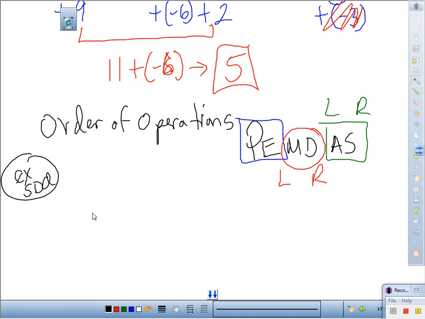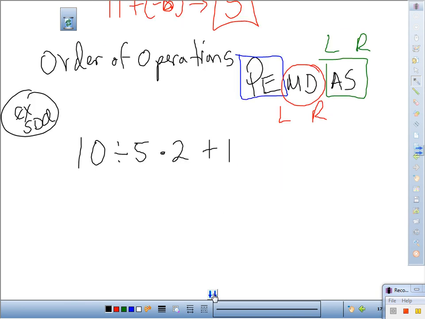All right? Example, super duper cute. Here we go. Let's do 10 divided by 5 times 2 plus 1. Simplify that using the order of operations.